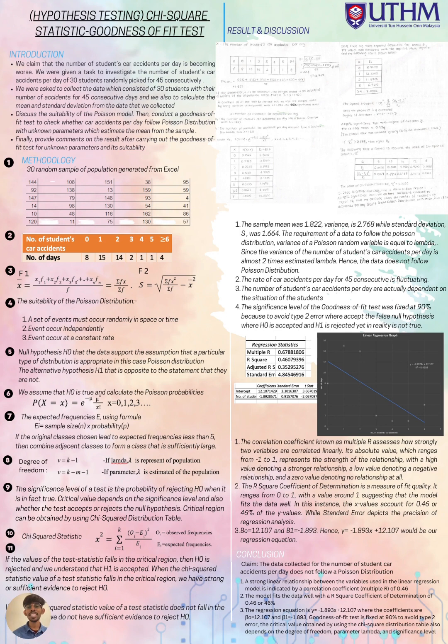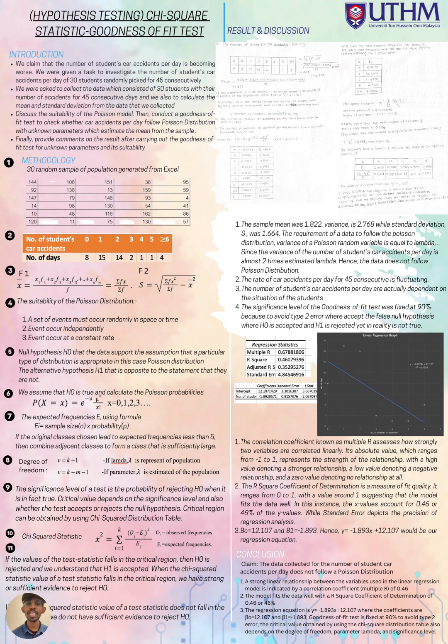However, at the same significance level, with 5 categories and population parameter lambda given, the degree of freedom and the critical value will be 1.064. This implies that the critical value depends on the degree of freedom. Although the claim is true, we state that the students' car accidents are becoming worse, but the distribution cannot be modeled by the Poisson distribution.